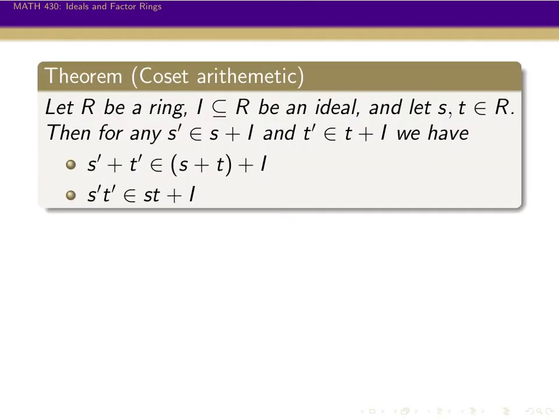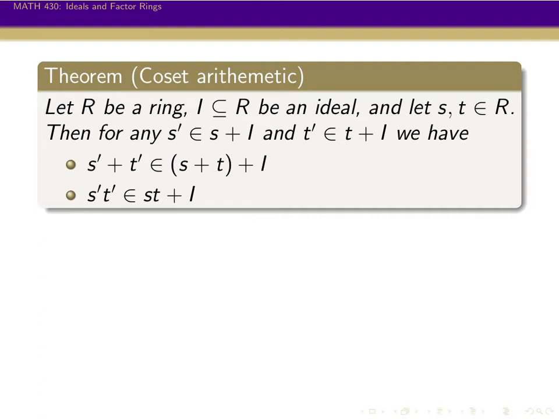Okay, and now that we have these cosets, we can talk about coset arithmetic between them. This is what makes ideals special, and what makes them similar to normal subgroups when we're talking about cosets. So let R be a ring and I be an ideal.